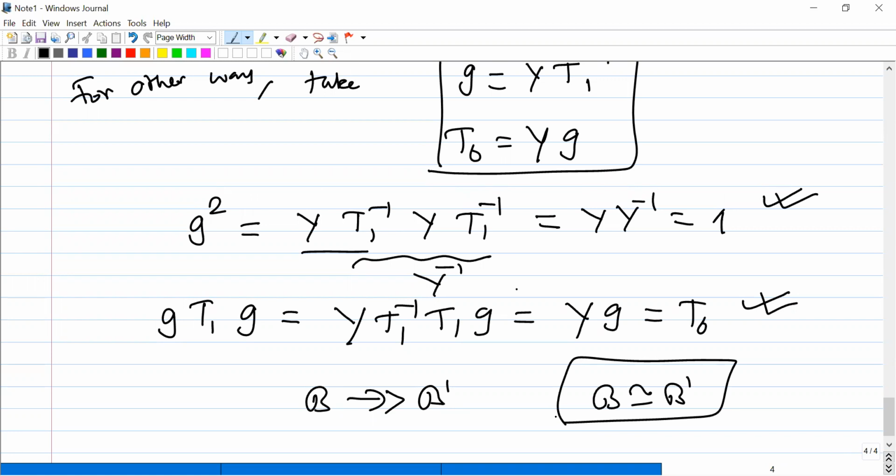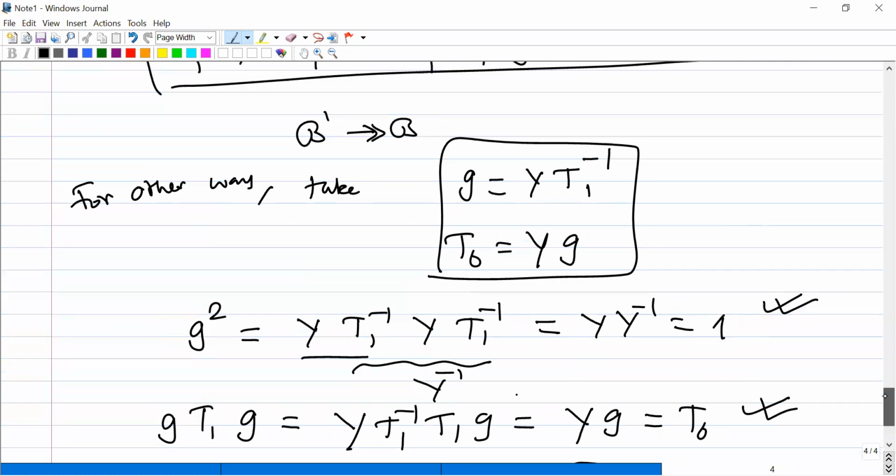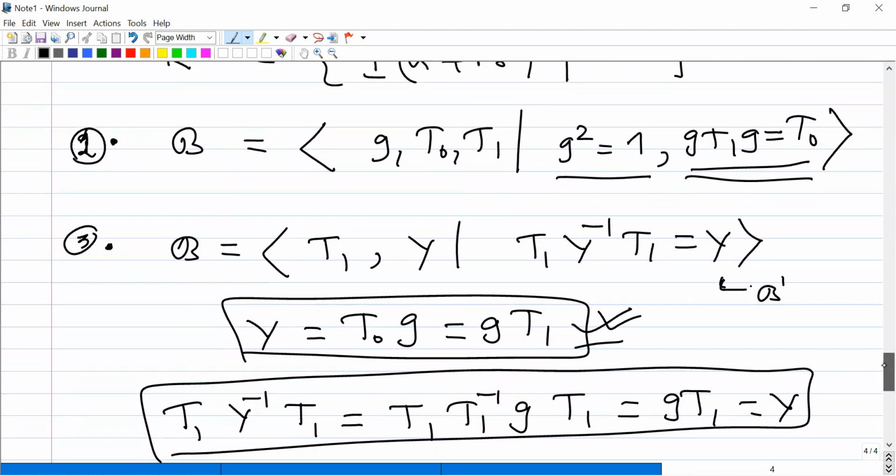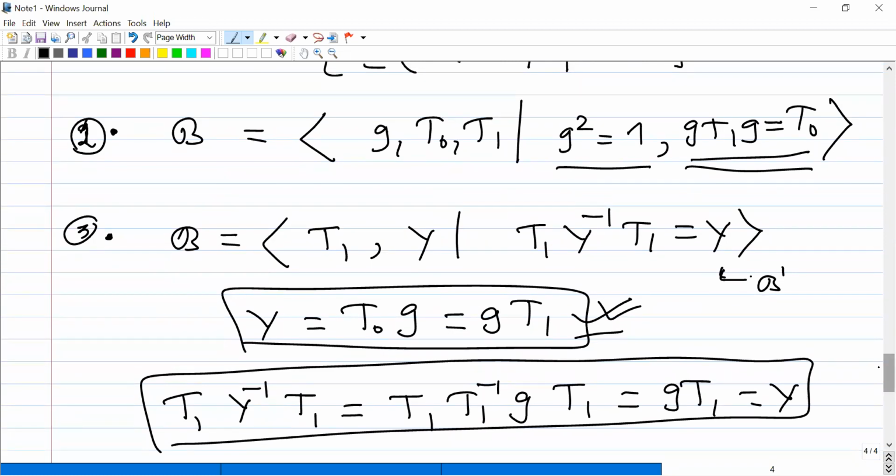This is how we get different presentations given by the generators. This second presentation will be very useful later.